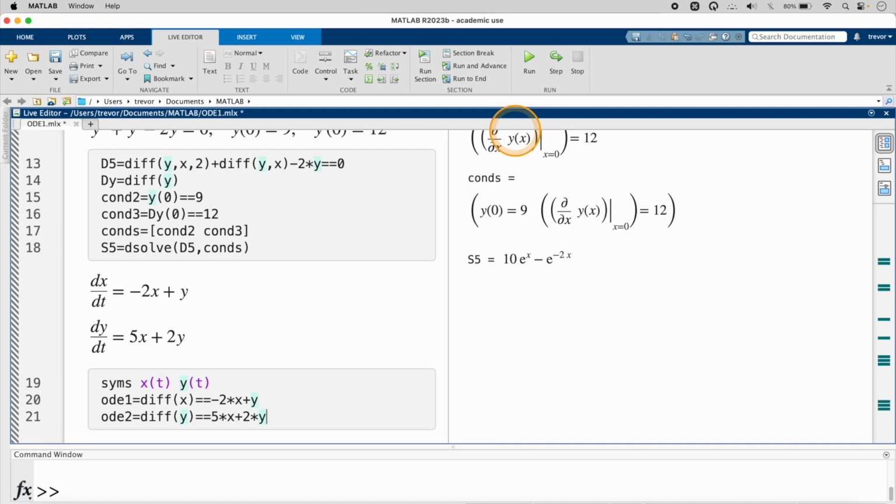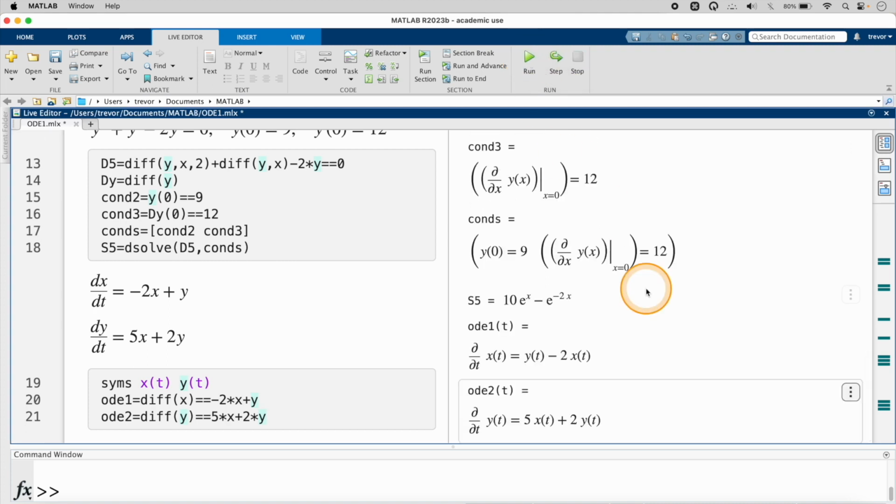So we have entered our equations there. I can just run to see if I've entered those equations correctly. So we have our ODE 1 there is y minus 2x. Then the other one there is 5x plus 2y. So I've entered those correctly there.